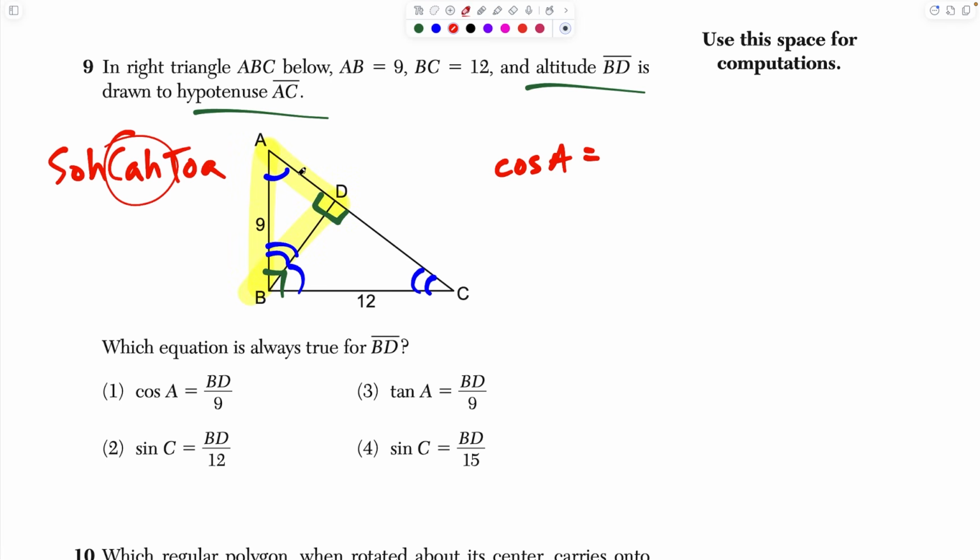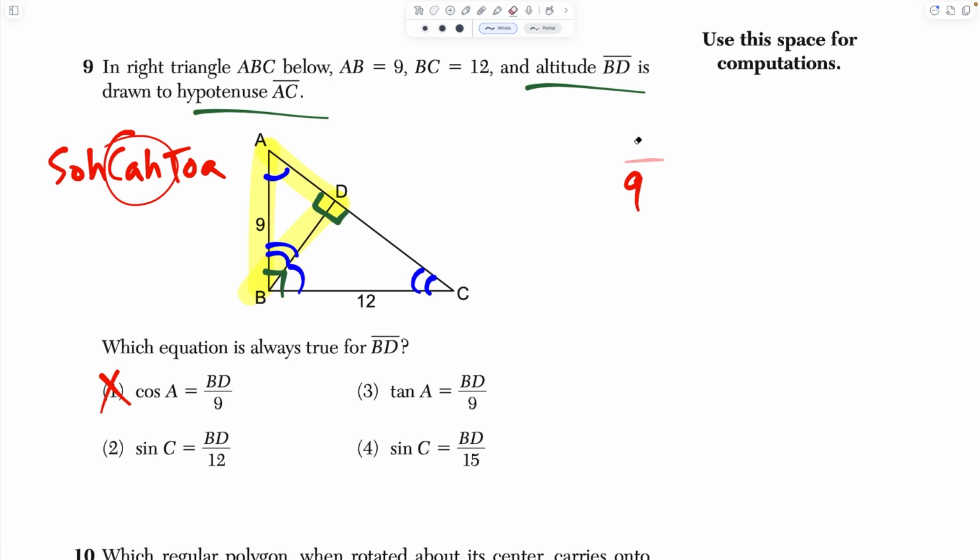And cosine of A would be equal to, let's see, well, adjacent would be side AD. So cosine of A would be AD over the hypotenuse of the small right triangle, which is actually this side over here where 9 is. But the problem is, notice it says BD over 9, and BD is not necessarily the same length as AD. So this one I can tell right away is not true. Okay, so this one is out.